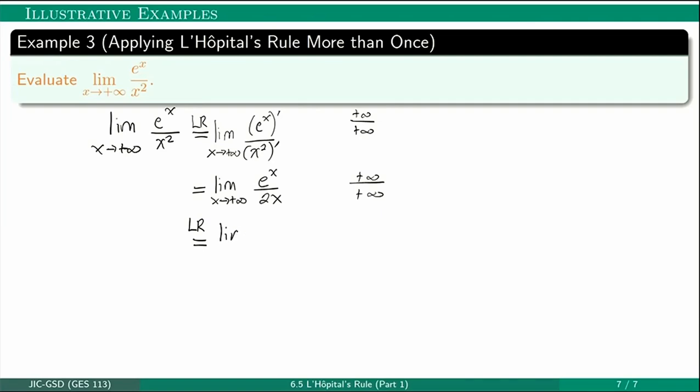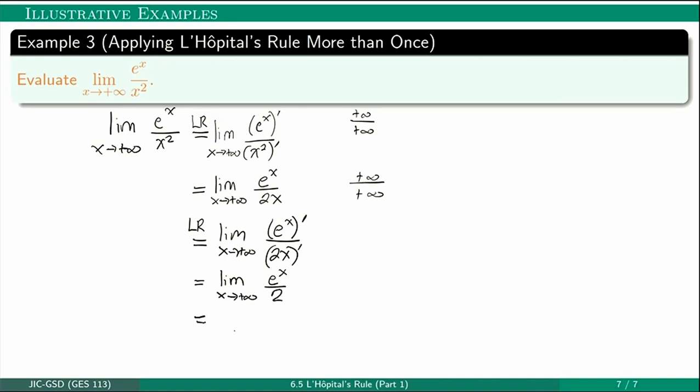So we take the limit as x approaches positive infinity, and all we have to do is to take the derivative of the numerator and then take the derivative of the denominator. Simplifying this one, we will get the limit as x approaches positive infinity. The derivative of e to the x is just e to the x. The derivative of 2x is just 2.